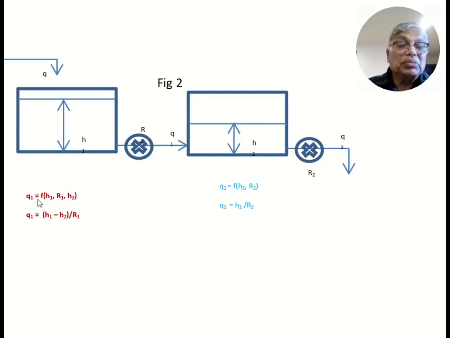So Q1 is a function of H1, R1 and also H2. Or in a linear relationship, Q1 equals H1 minus H2 divided by R1. If H2 is more, Q1 will be less. If H1 is more, Q1 will be more. So Q1 depends not only on H1 but also on H2.